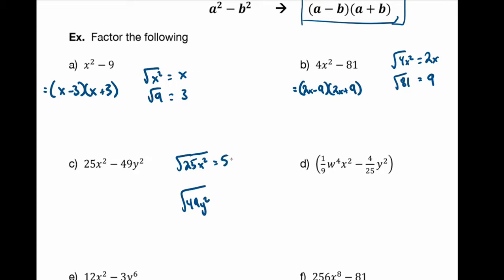So we have 5x, not 5x squared, and then we have 7y. Those are perfect squares. So in my two brackets, 5x minus 7y, 5x plus 7y. And you can switch around that minus and that plus, it doesn't really matter.